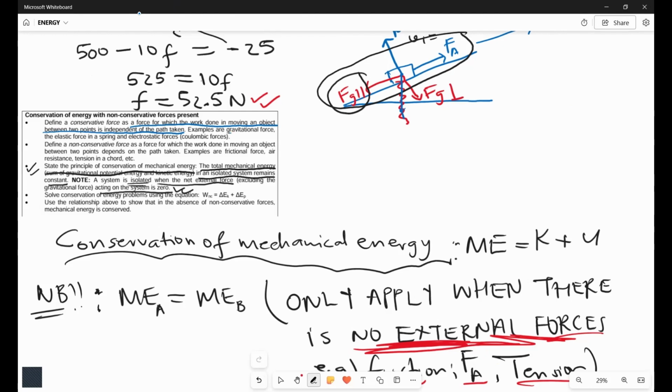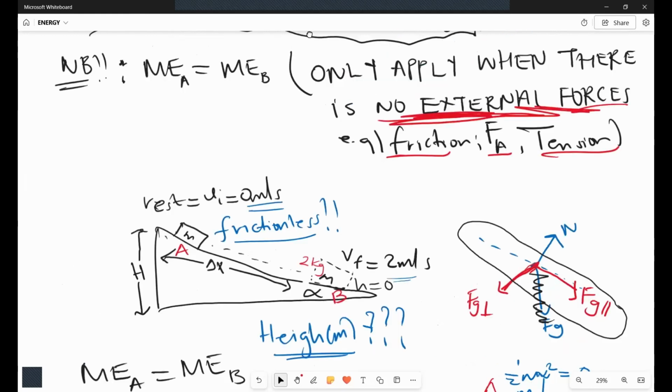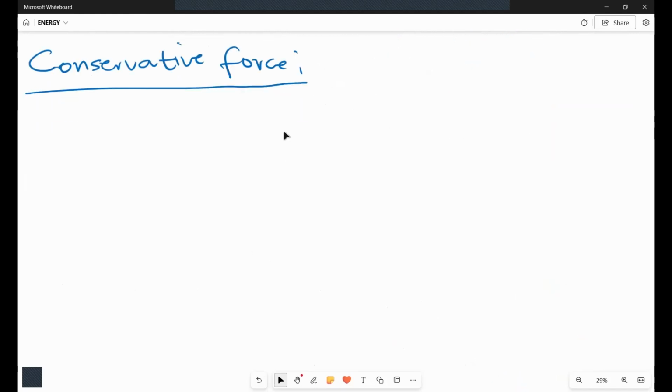The examples that we have are gravitational force, the elastic force in a spring, and an electrostatic force. But in this case, we are going to focus only on Fg. Let me explain why we are saying Fg is a conservative force. I won't just mention anything and not explain why we are saying that. We are saying this is path independent.